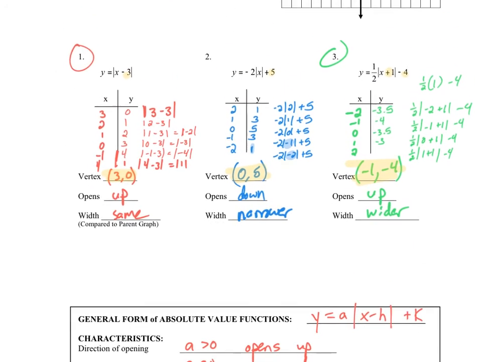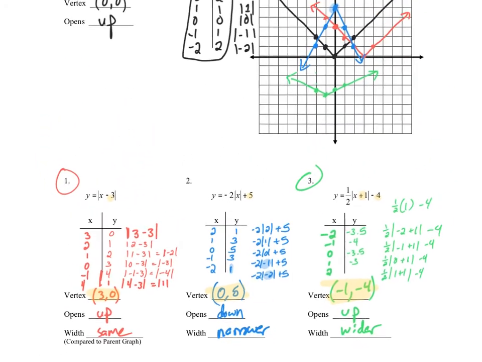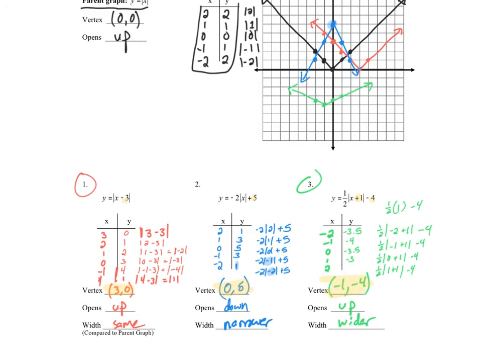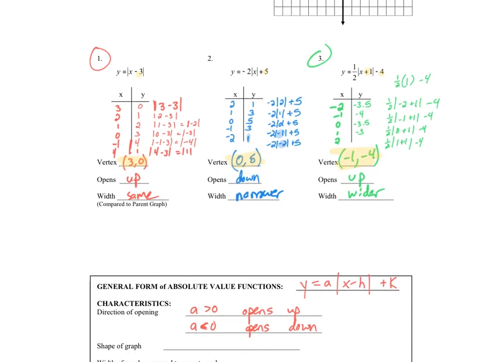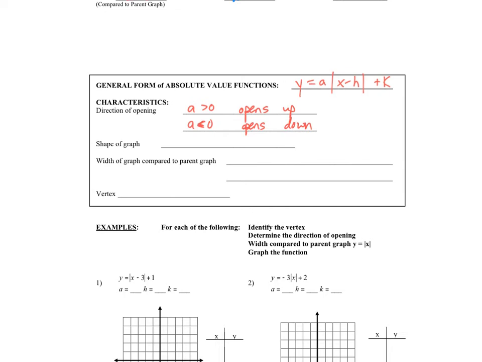So if you look, the blue graph is the only graph that opens down. Do you see that there's a -2 in the front? That's why it opens down. Every other graph has a positive number in front of the absolute value, so they all open up. So if it's negative, it opens down, positive opens up. All of these graphs are V-shaped.